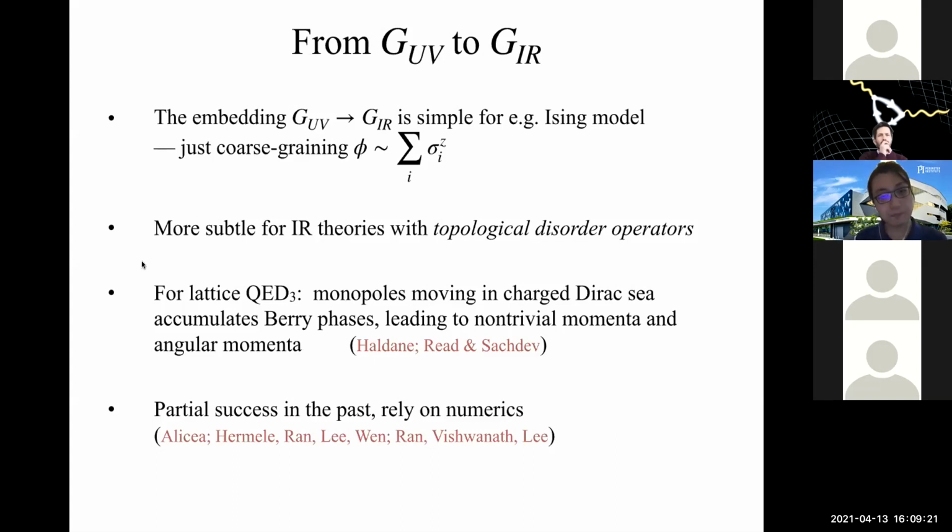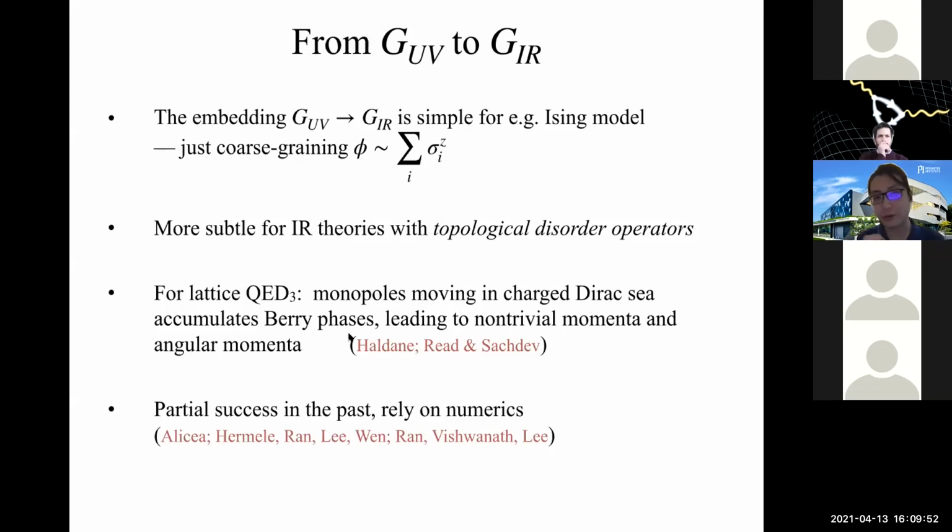Okay. So for lattice QED, the problem can be phrased more concretely as you have some monopoles, some pattern of the U(1) gauge field, moving in some charged Dirac sea. Right? So as you move, for example, by lattice translation or rotation, there will be some non-trivial Berry phase that's being accumulated.